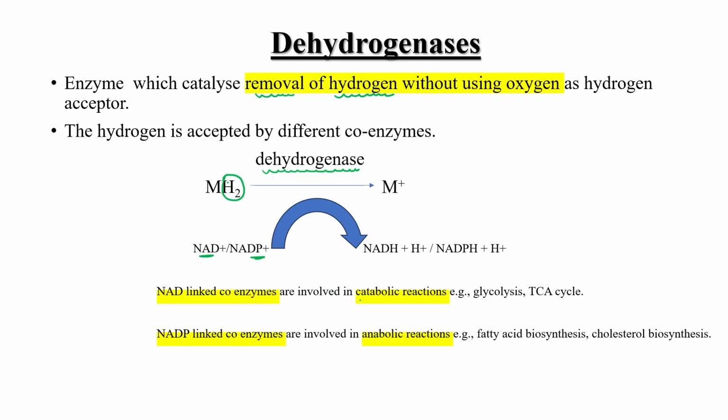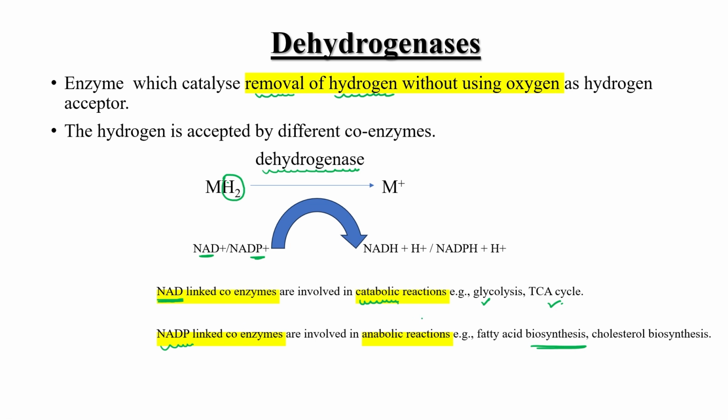If the reaction type is catabolic, meaning glycolysis, TCA cycle, then NAD acts as a coenzyme. If the reaction type is of a biosynthetic pathway, meaning fatty acid biosynthesis, cholesterol biosynthesis, at that time NADP acts as a coenzyme, because NADP is involved in anabolic reaction types and NAD is involved in catabolic reaction types.